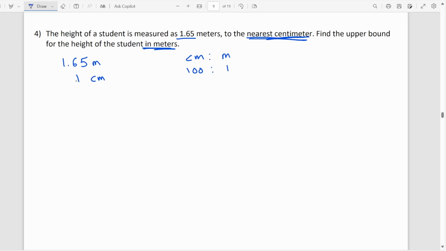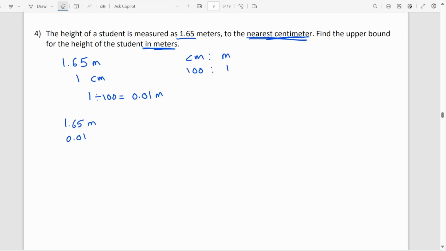So to convert, we're going to divide this by 100, and we get 0.01 meters, okay? So now it's basically 1.65 meters rounded to the nearest 0.01 meter, okay?